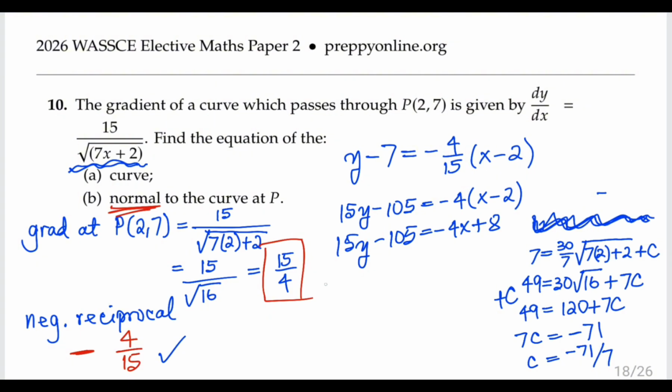All right, so 15y plus 4x. We can bring the minus 8 also to the other side. So we have minus 113 is equal to 0. So this is going to be the equation of the normal.